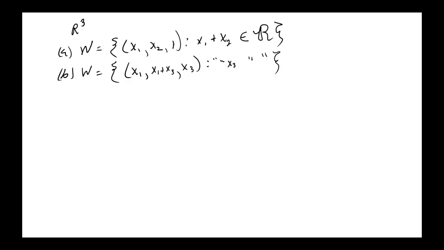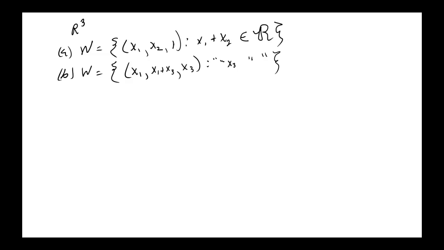Which of those do you think? A, B, both, or neither? We're talking about R3 now. There's a set of all ordered triplets, and there's one that's a subset of R3, x1, x2, and 1.